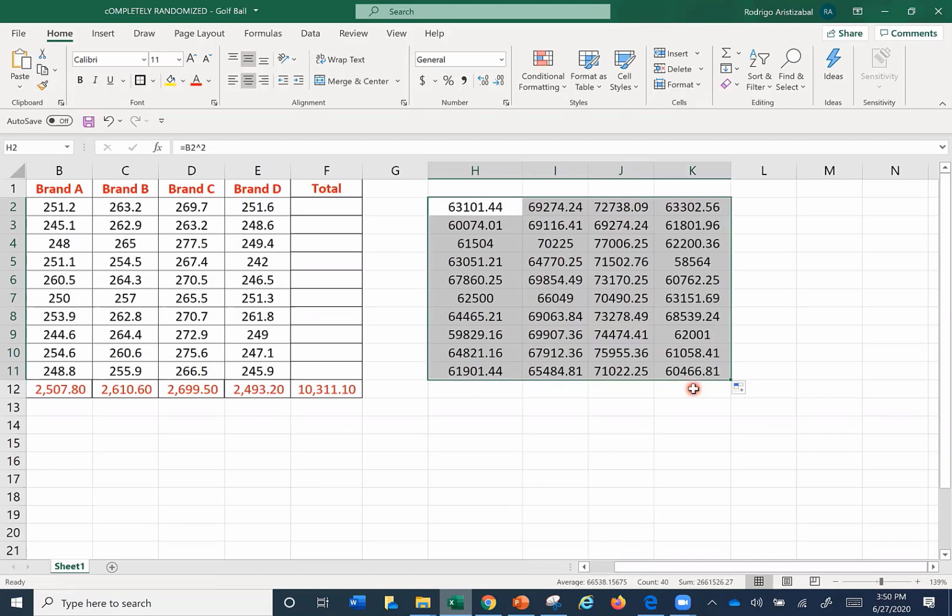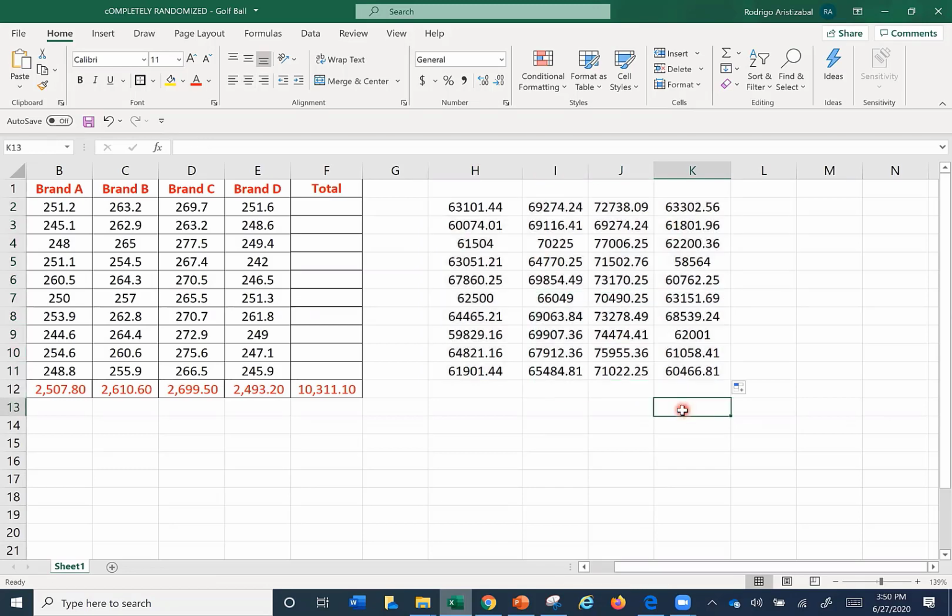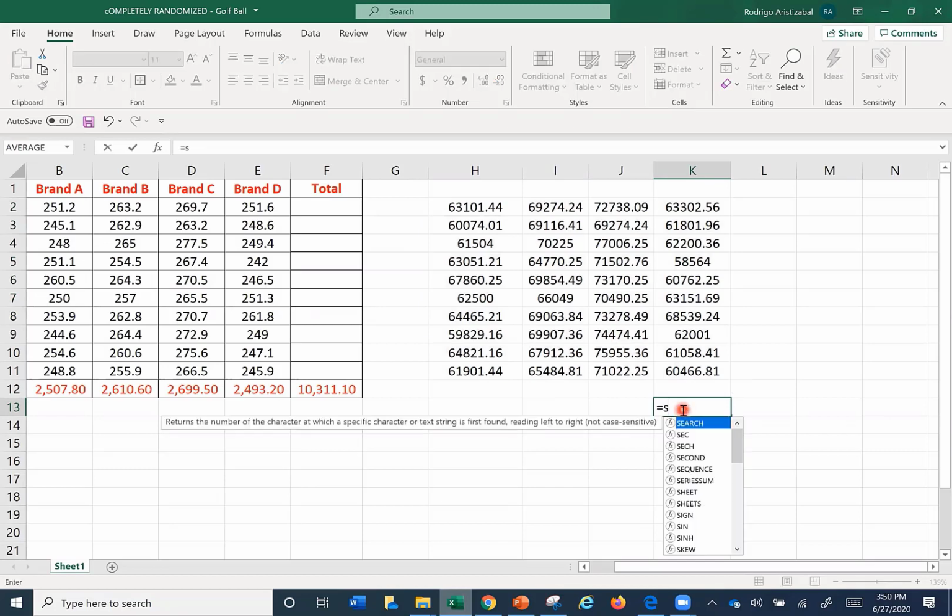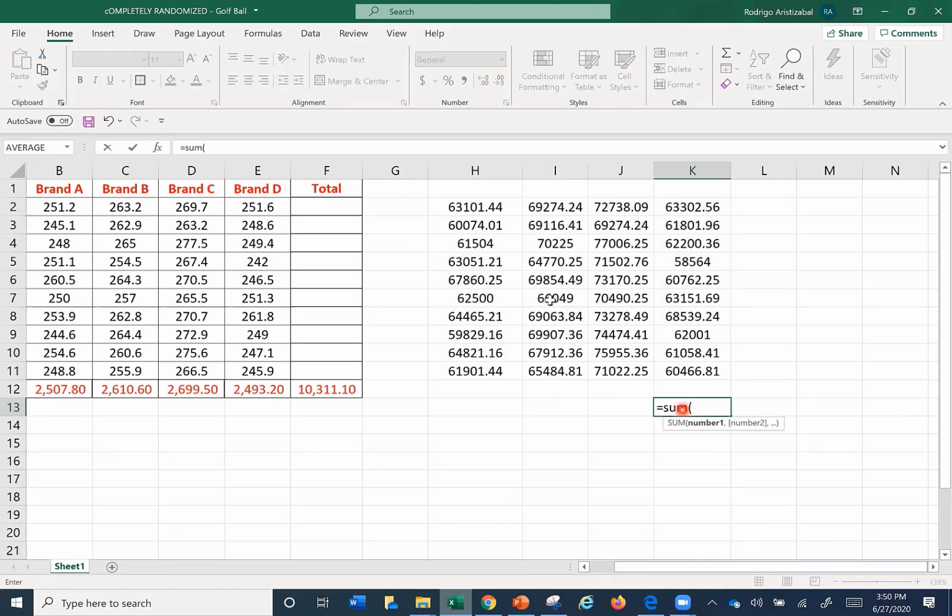We have the square of all values. How can we obtain the sum of all these squared values? The same thing: equal, the sum, open parentheses, of all values from this cell to this other cell, and click. That is the sum of all squared values.